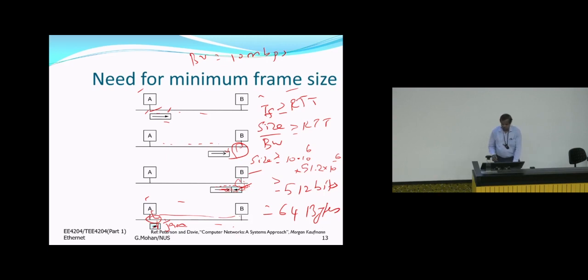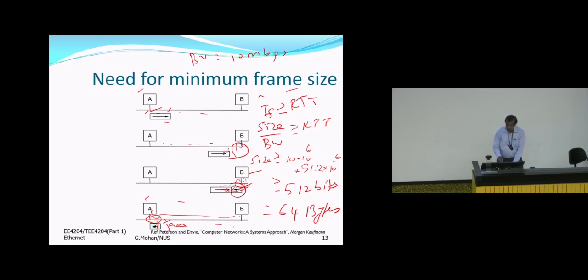Now the next question is, why do we need this jam signal? Let's say B detects the collision, or whoever detects the collision, why should it throw a new 32-bit signal through the network? It's a jam signal. Note that this jam signal doesn't have any meaning like acknowledgement bits, just some 32 bits. Why?